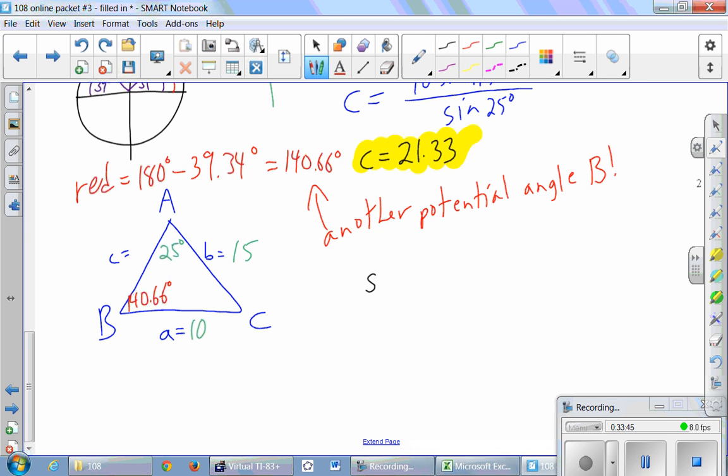Let's go ahead and write down sine of, what do we do here? Actually, yeah, so let's actually find angle C at the moment. So we know angle C is 180 minus the 25 minus the 140.66.